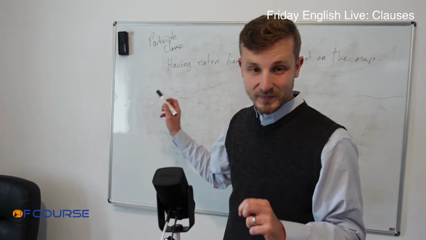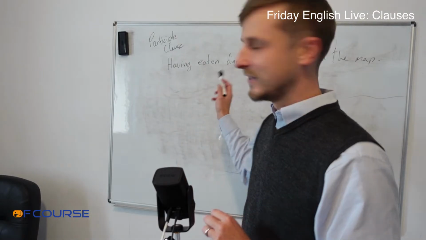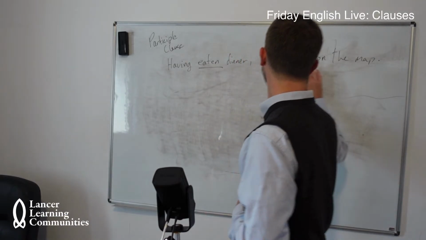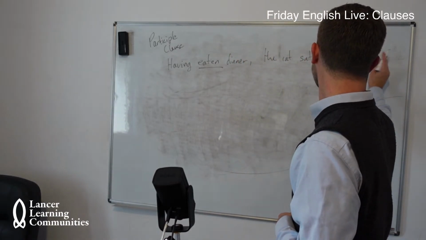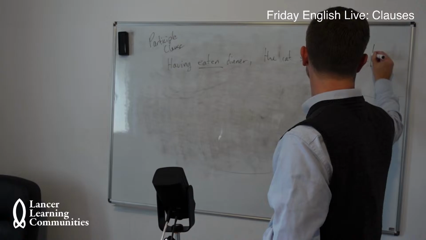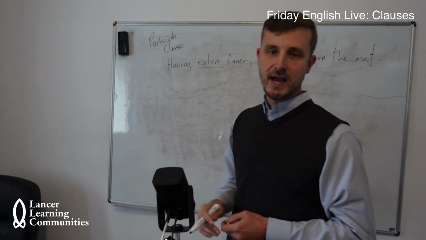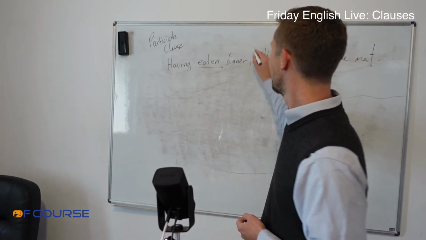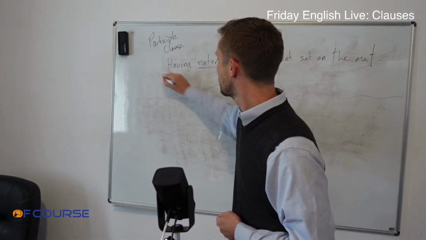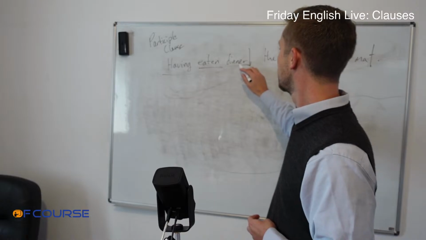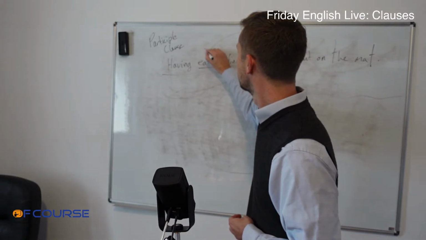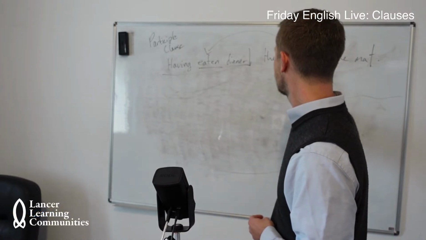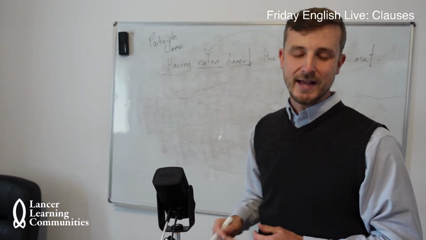Okay, participle clause. Having eaten dinner: eaten is a participle. The cat sat on the mat. Having eaten dinner, the cat sat on the mat. That is our participle clause. The cat is the one that's eaten dinner, but it also gives us reference to when the cat sat on the mat.